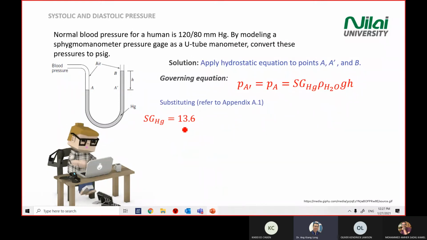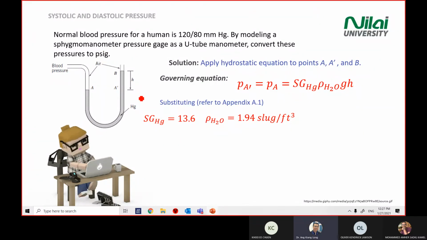You are going to find mercury with SG equal to 13.6, and water is 1.94 slug per cubic feet, because the question asks you to use English units. If the question asks you to change to Pascal, I think you should be able to do it also, just a unit conversion.